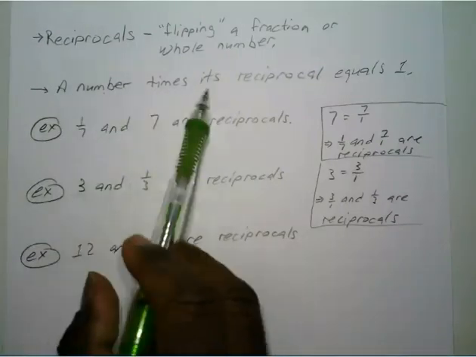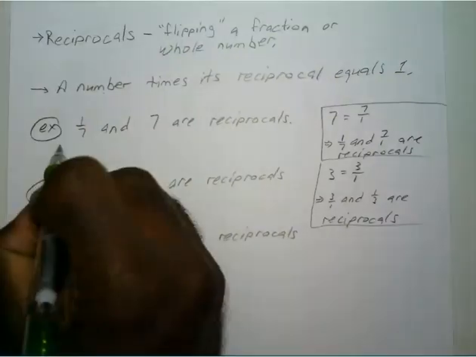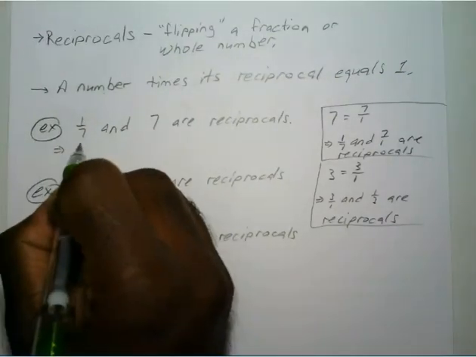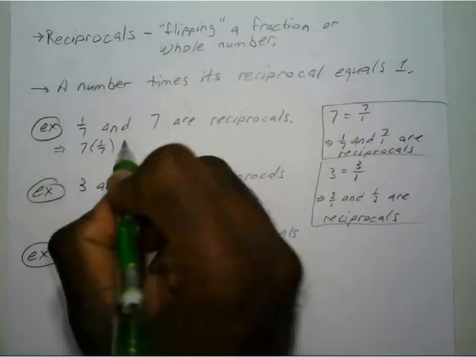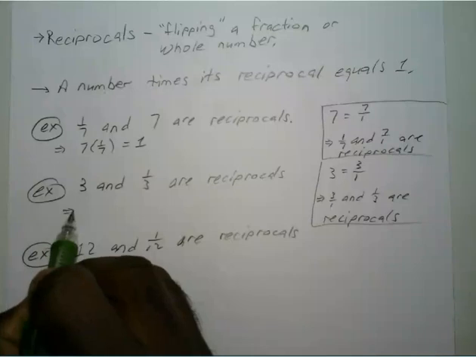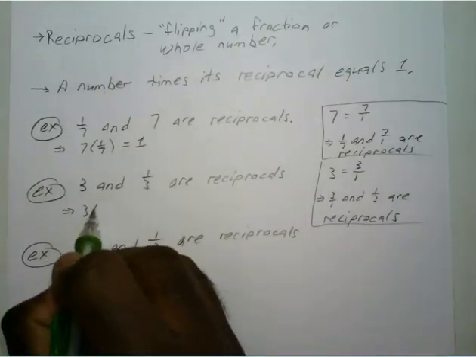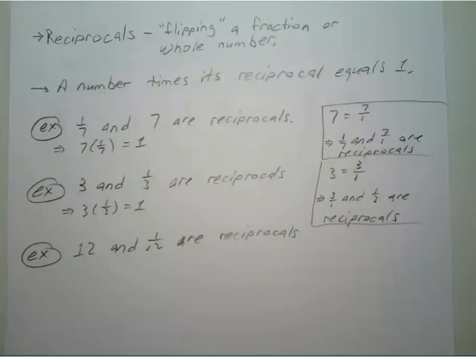Of course, a number times its reciprocal is equal to 1. Okay. So if we multiply 7 times 1 over 7, it is going to equal 1. If we multiply 3 times 1 over 3, it is going to equal 1.